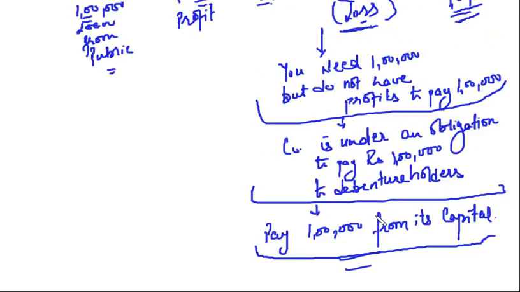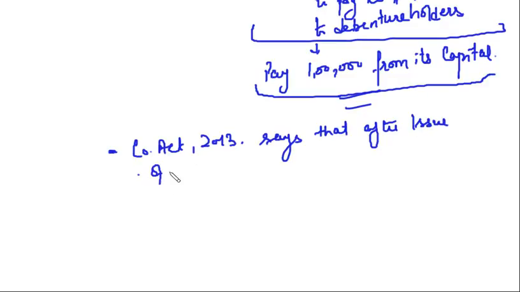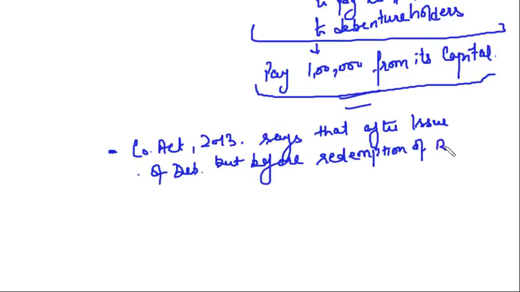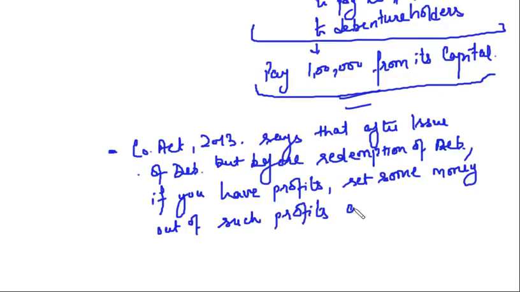So for this, what does the Companies Act say? The Companies Act 2013 says that after issue of debentures but before redemption of debentures, if you have profits, then set some money out of such profits as DRR.